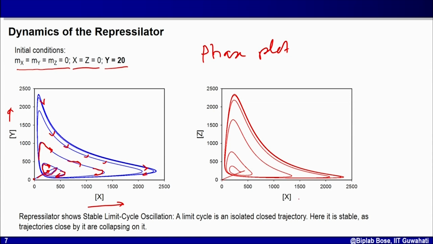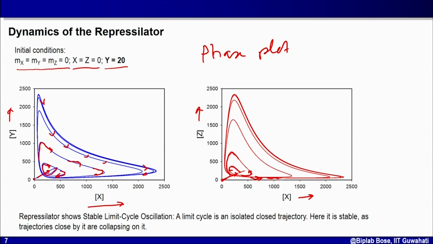The same thing for the x versus z. This x in the horizontal, z in the vertical. You start at that 0, 0 position. You follow this trajectory. Then you come along this. This trajectory takes you to the larger trajectory, so the amplitude of oscillation increases. So as you follow this trajectory, it mixes with another new trajectory.